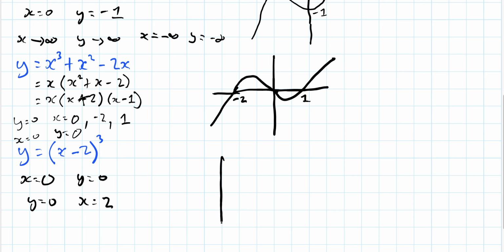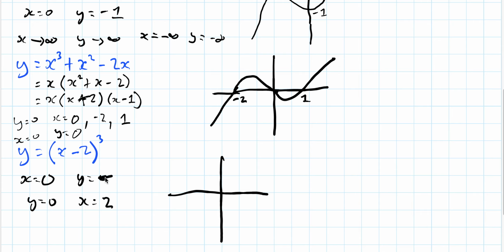So I'm going to start by drawing the graph, try to do the straight lines. There you go. For this one, when x is equal to 0, y equals minus 2 times minus 2 times minus 2. So it'll be minus 8 actually.